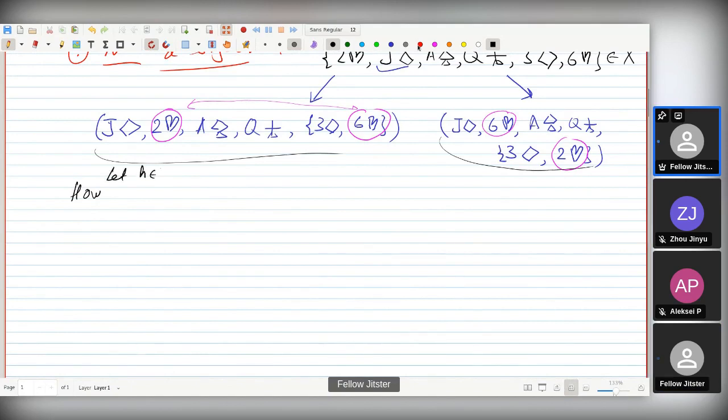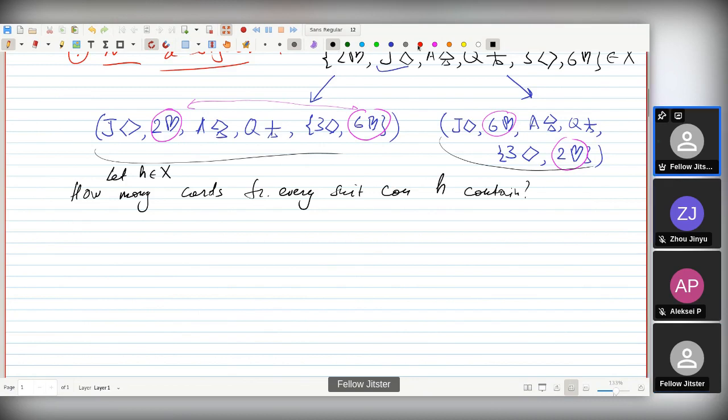Assume H is a hand that contains a card of every suit. How many cards from every suit can H contain? From 1 to 2.